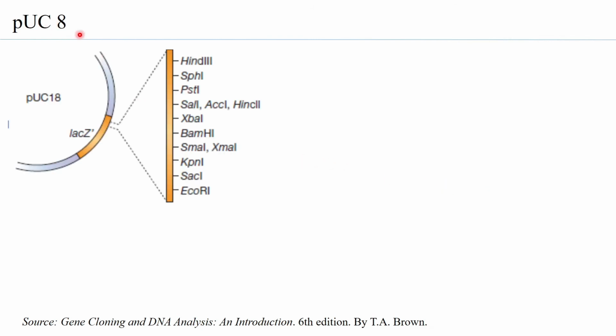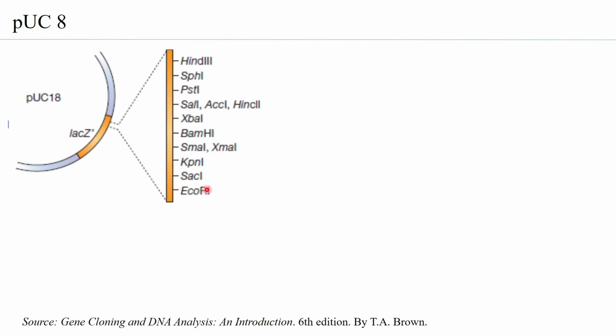Now, pUC8 has been modified further to give rise to pUC18, pUC19, and so forth. So, the modification that has been done is mainly in the multiple cloning site, by increasing the restriction sites in the polylinker. So, the polylinker has become longer, with more choice of restriction endonucleases.